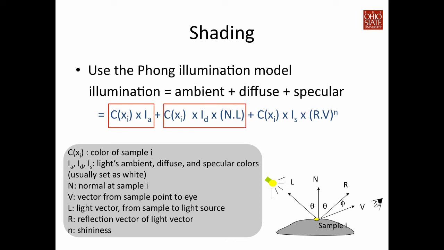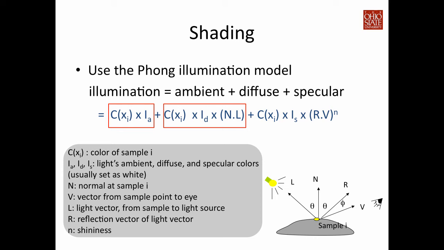The second term is called diffuse light. Diffuse light is determined by the angle of the point with respect to the light source. If the point is pointing toward the light source, you're going to have more contribution, that is, you're going to be brighter. If the direction of the point is pointing away from the light source, you're going to receive less contribution, so the point is going to be dimmer.